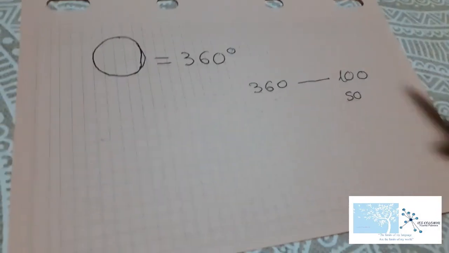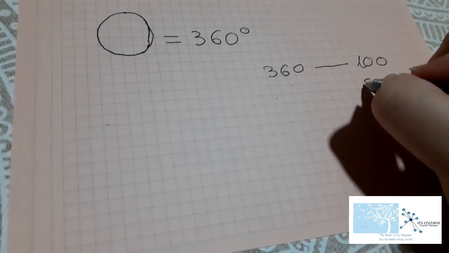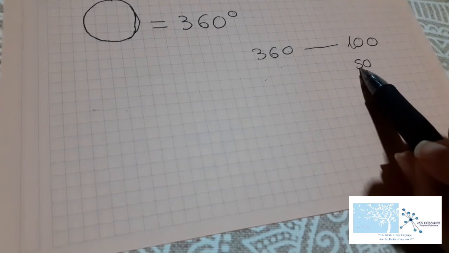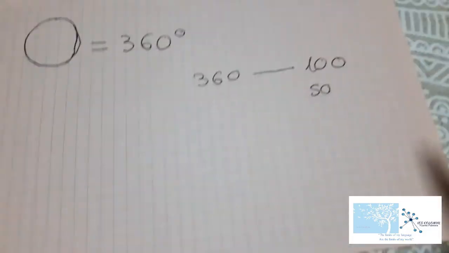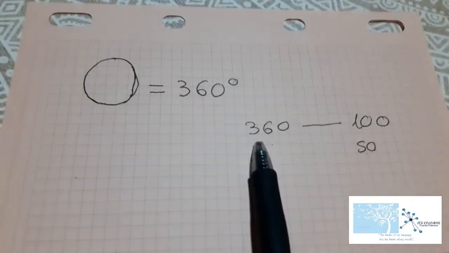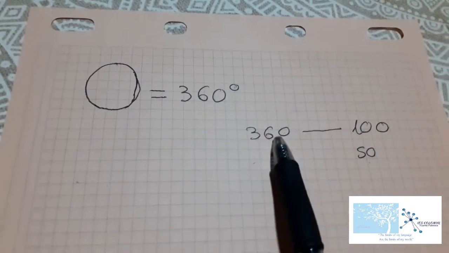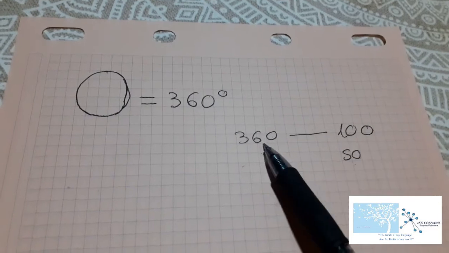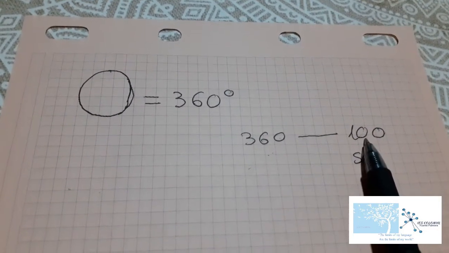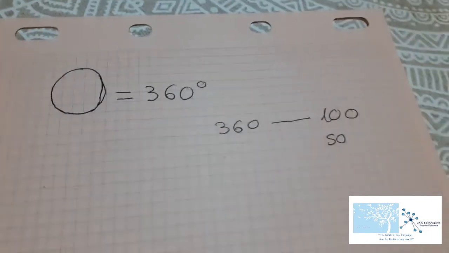50 pupils are 50. The 50 are multiplied by 360, and the result of this operation is divided by 100.